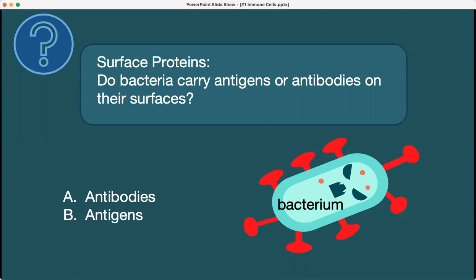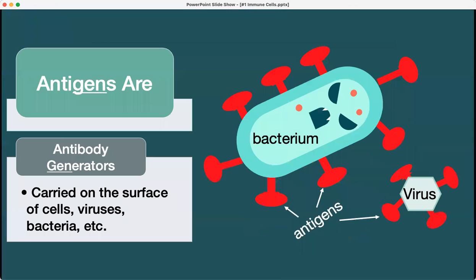First question, surface proteins. Do bacteria, for example, this is my example of a pathogen, carry antigens or antibodies on their surfaces? And the answer I told you were antigens. They carry antigens.